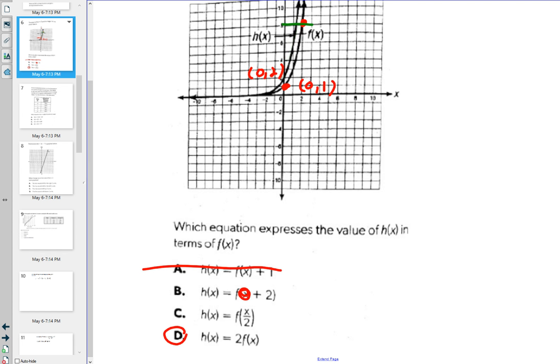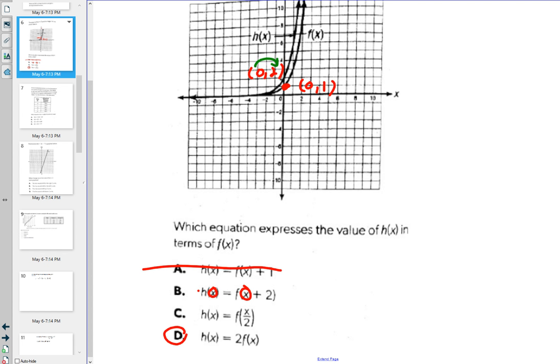A better way to do it. Let's do it this way. If I put a 0 for both of them, because I'm putting in a 0 for x, there's two x's there. What is the value of function h at 0? When x is 0, what do I get for function h? It's on the board right now. 2.